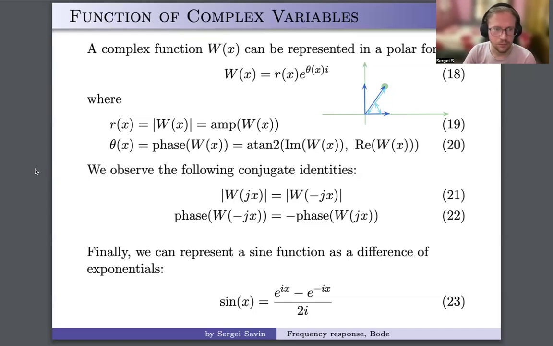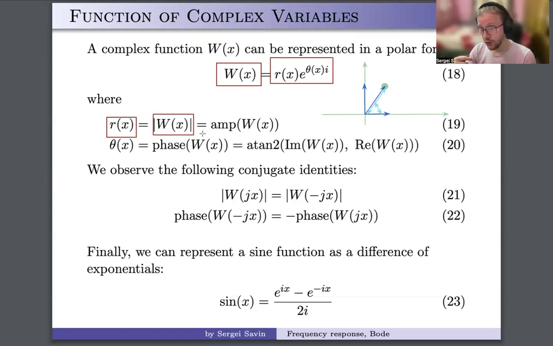Okay. Now, the relation between the Cartesian representation here and the polar representation here is like this. R of x is the absolute value of omega of x. We'll call it amplitude. In particular, how do you compute it?